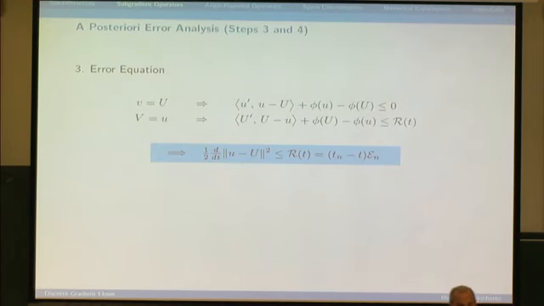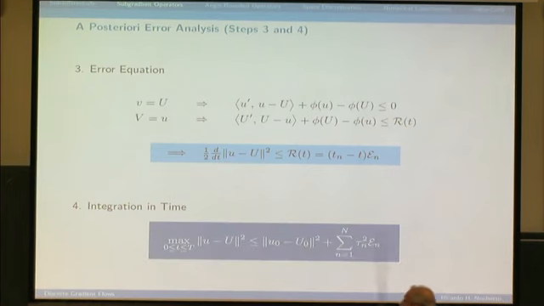Now you integrate. You see, it's very elementary, integrate in time, and you get this relation. So the max of the norm in the Hilbert space squared is bounded by whatever you do at the beginning, let's assume it to be 0, and this energy dissipation, and there are no constants involved. Constant 1, constant-free estimate. Okay?